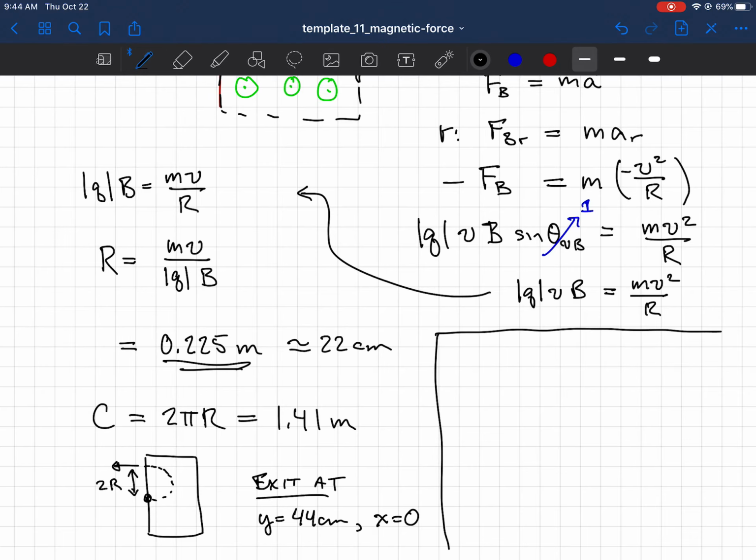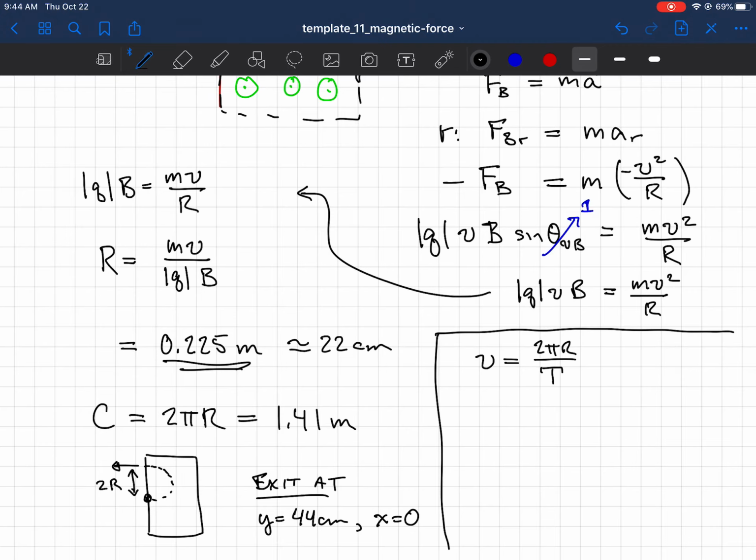Now, when is it going to exit? Well, we know its speed, and we know that the speed is constant, so the speed could be written as the circumference, 2 pi r, over the amount of time that it takes to go around the entire circle, which we call the period.